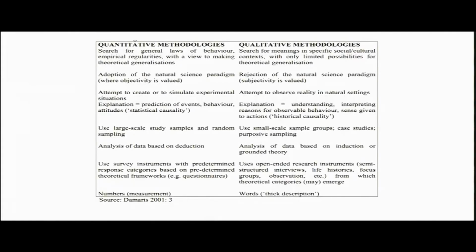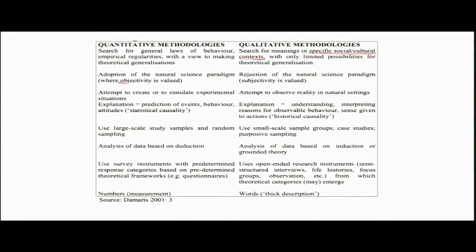So, here you can see a very good comparison between quantitative and qualitative methodologies. As you go through this chart, you will see that the search for general laws and behavior has been one of the guiding principles of quantitative methods, while the search for meanings in specific social cultural contexts has been the guiding principle for qualitative methods.